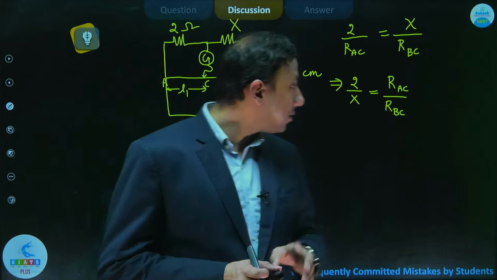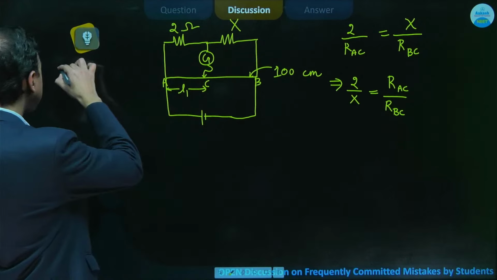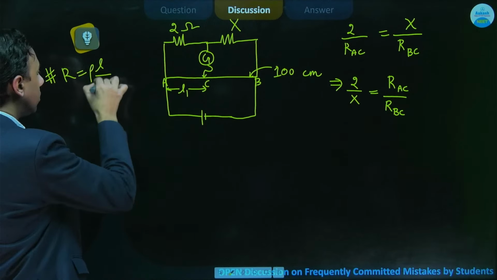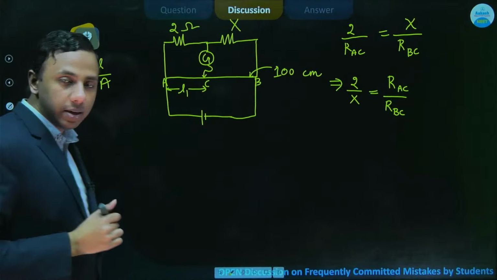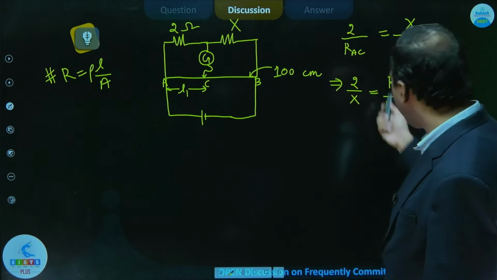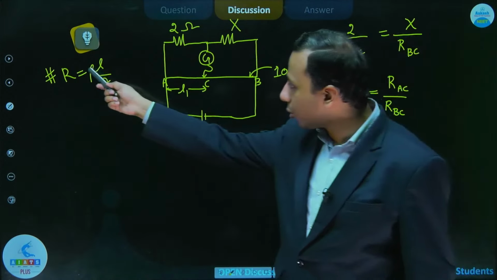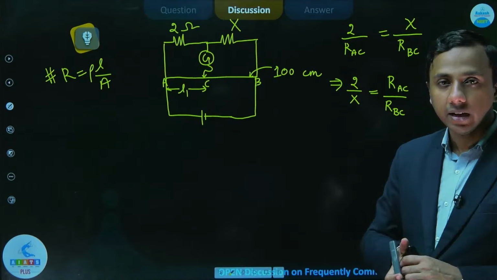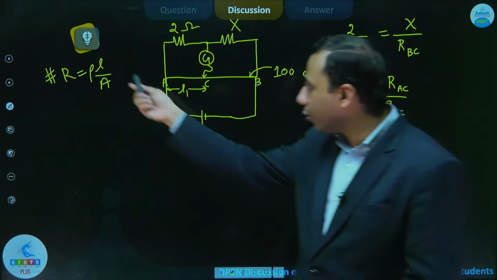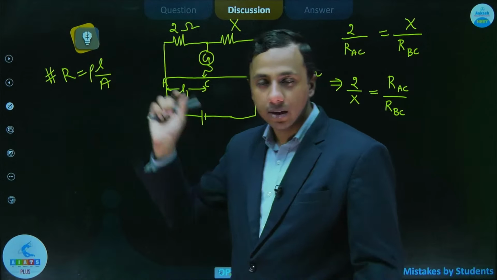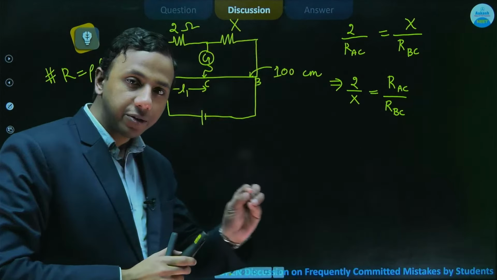We know that the resistance of a wire is given by the simple formula R is equal to rho L by A, resistivity times length upon area of cross section. So for AC and BC, rho is the same and A is the same. When you take their ratio, rho and A cancel out, so what remains is L only. So the ratio of resistance is nothing but the ratio of length.